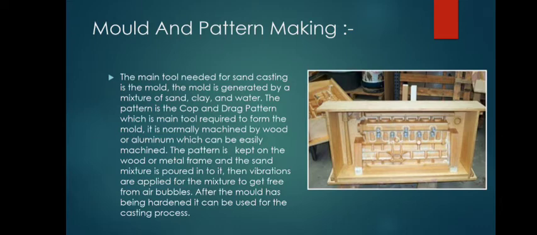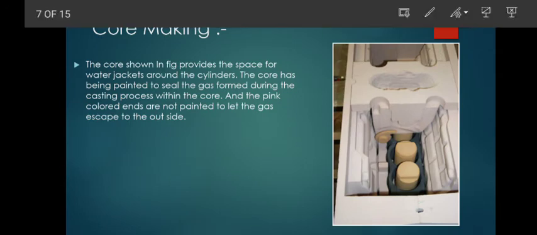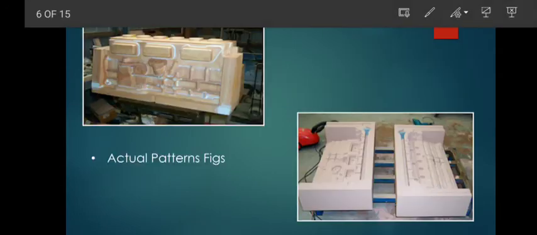After the mold has hardened, it can be used for casting processes. Here you can see the wooden pattern for the diesel engine block. Other patterns of the diesel engine block are presented here.